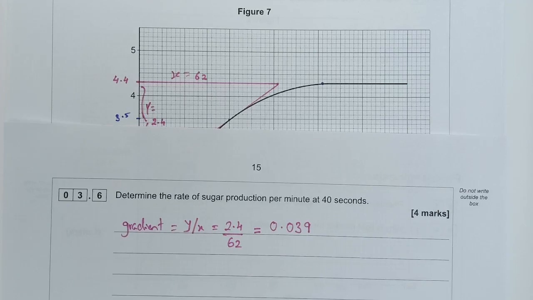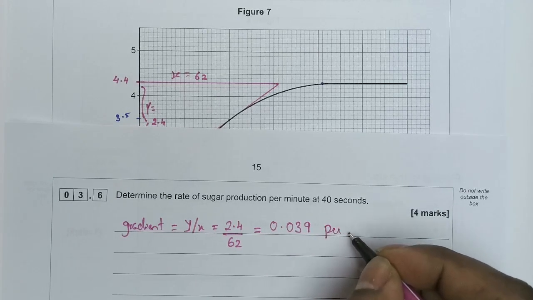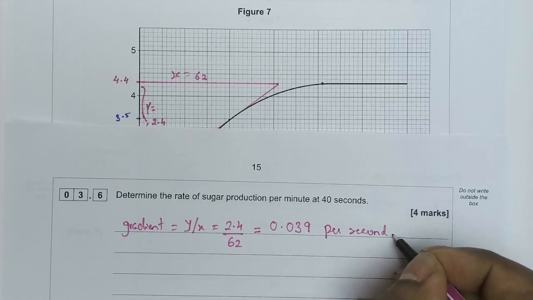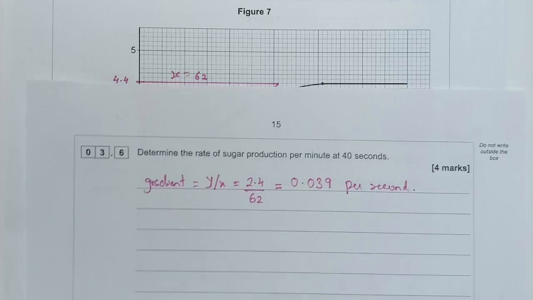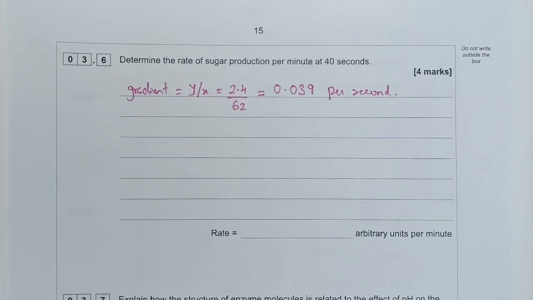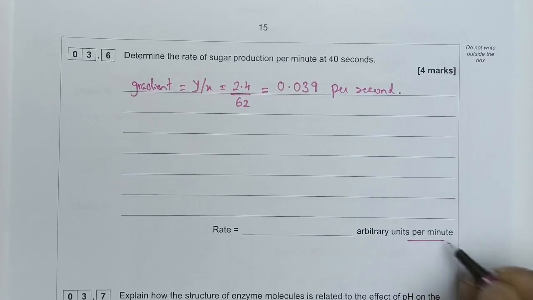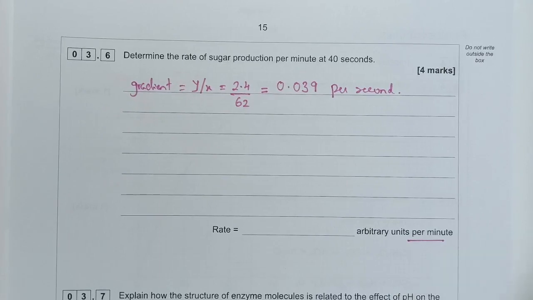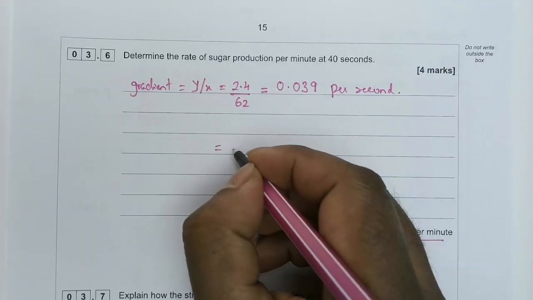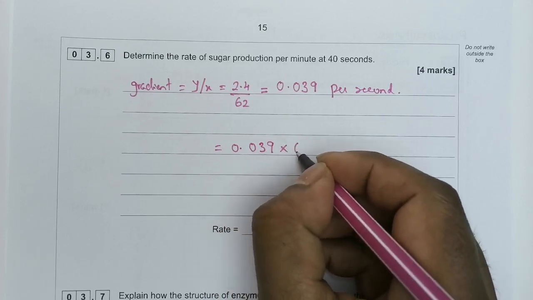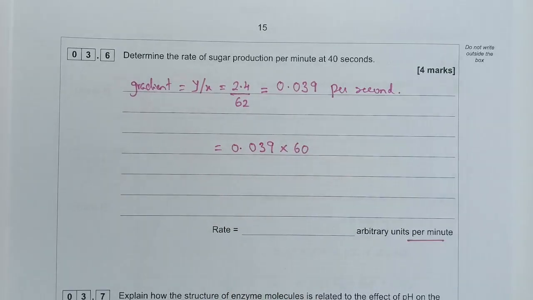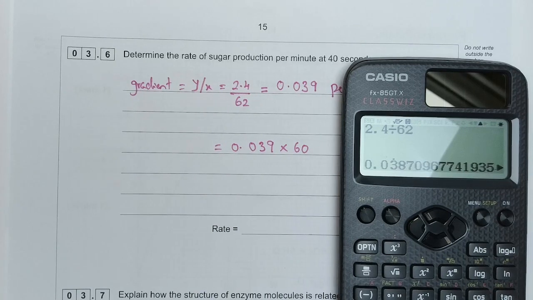So 0.039 is the rate per second. Now here they are asking for the rate per minute. So because you want to find it per minute, you would multiply that value, 0.039, by 60.